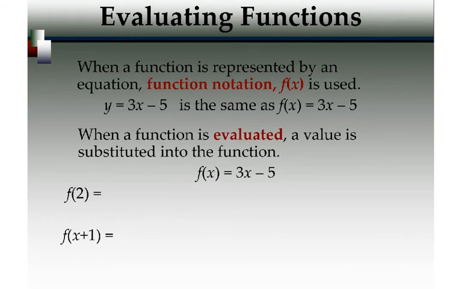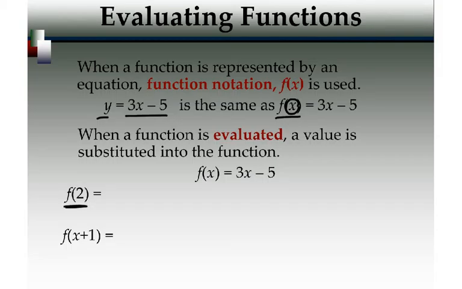So function notation is a more formal way of stating a function, and it's represented like this. We know our function is y equals something, but we can replace y with f of x. And whenever we are evaluating functions at an x value, this x right here will be replaced with a number or some other variable, to state that they want you to evaluate it at that x value.